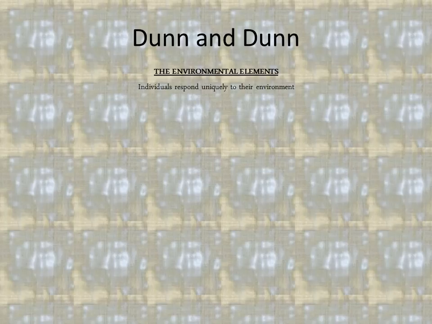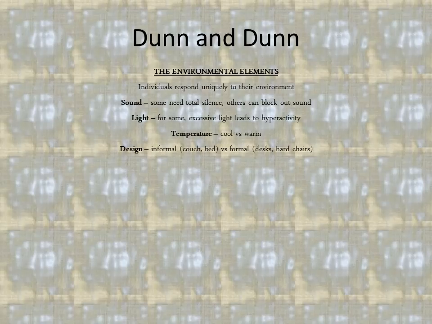So with that, Dunn and Dunn's 21 learning elements, we're going to start with the environmental elements. What they found is that individuals will respond uniquely to their environment, such as sound, light, temperature, and design.